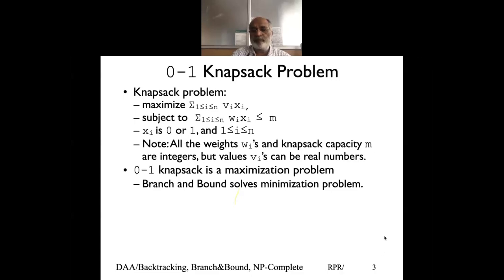Anyone like to say? We discussed yesterday converting maximization to minimization. Given this problem of maximization, how do we convert this into a minimization problem?